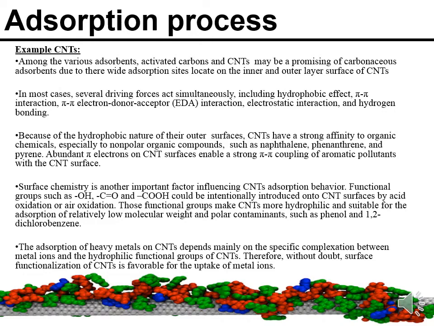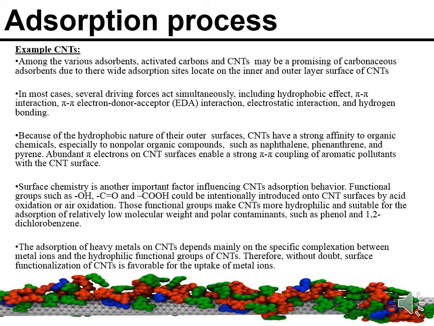This could be achieved by introducing a functional group such as hydroxyl, carbonyl, or carboxylic group, and this could be achieved by two methods, either acid oxidation or air oxidation. The functional groups make the carbon nanotube surface more hydrophilic and suitable for adsorption of hazardous material.